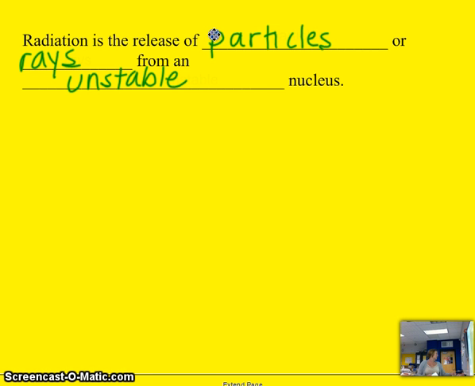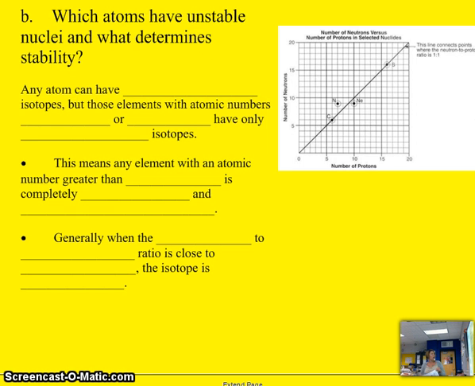What makes a nucleus unstable, or what determines stability? Well, basically any element can have unstable isotopes. Hydrogen has unstable isotopes, carbon has unstable isotopes, anybody can really have unstable isotopes. But if you have an atomic number of 83 or higher, you don't have any stable isotopes.